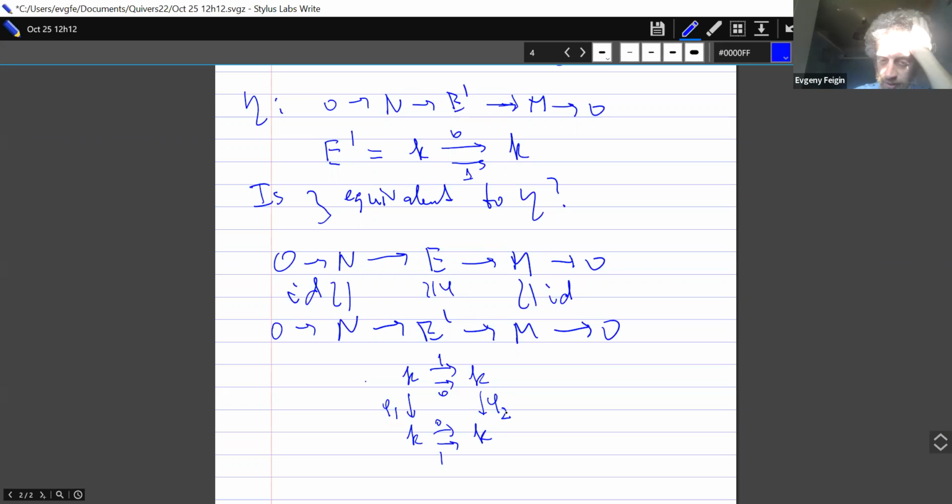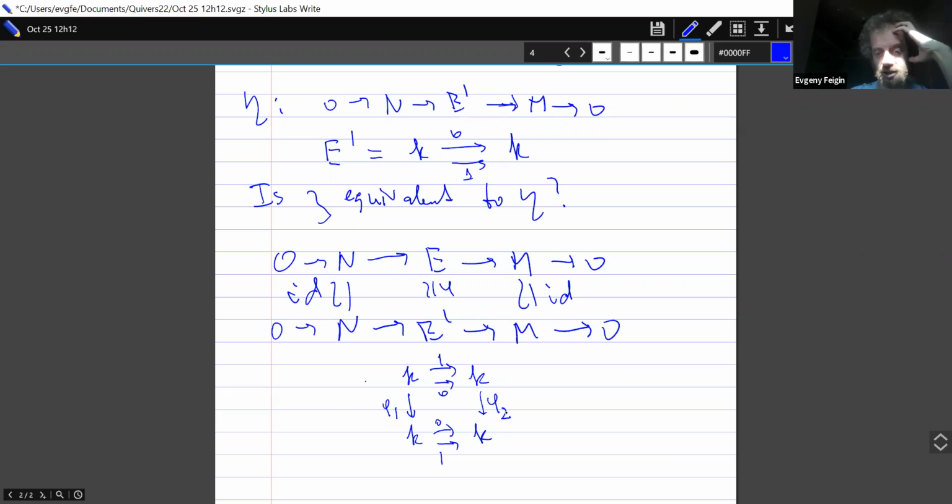Why both? Oh, okay. I suppose it's possible that only phi 1 is 0. So I do agree with you that, well, first of all, we want an isomorphism of representations.